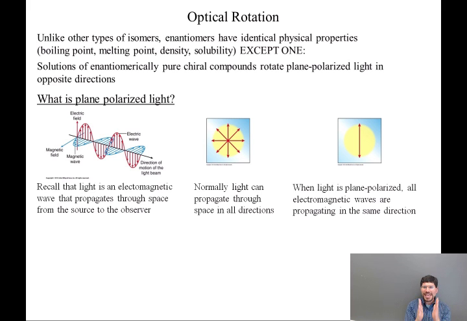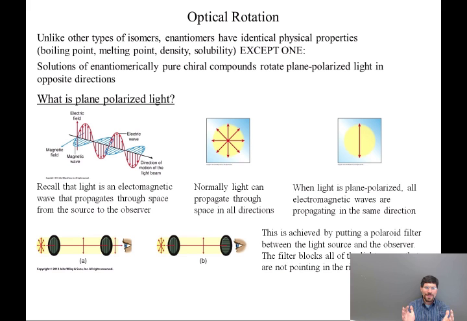When light is plane polarized, all of the electromagnetic waves are propagating in the same direction. What that means in reality is that you will take some kind of filter, put it between the light source and you, and block out any light waves that are propagating through space in any direction other than the one that is straight up and down.